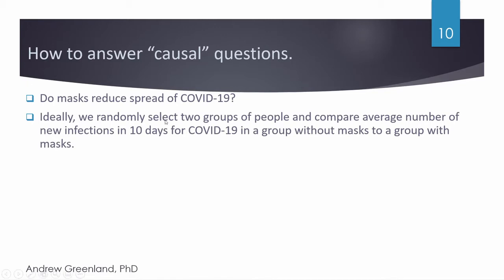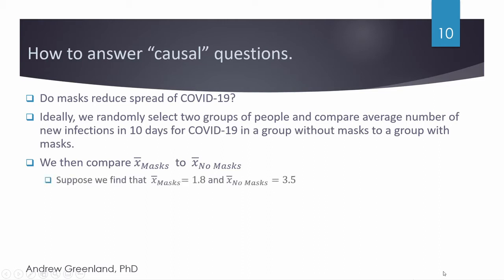Okay, so let's suppose we're just going to count the number of new infections we observe within these two groups separately over the course of 10 days each. So we're going to have 10 samples that say how many people get impacted in one group, how many in the other. Then what we could do is compare the sample averages, the average number of daily infections in a population that had masks, the average number of daily infections in a population that had no masks, and we would make a comparison of these two.